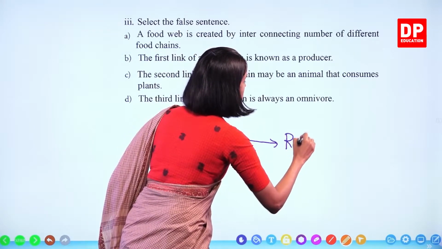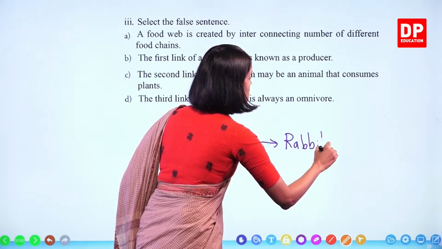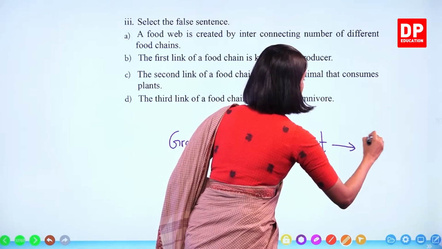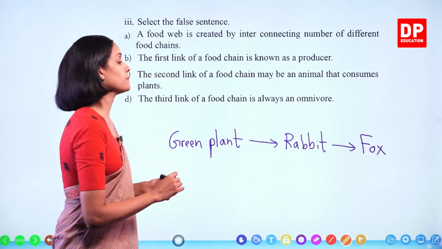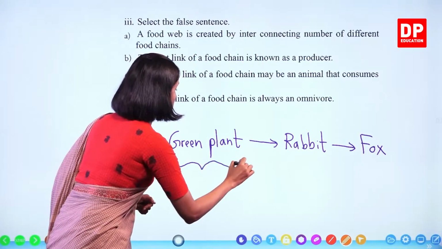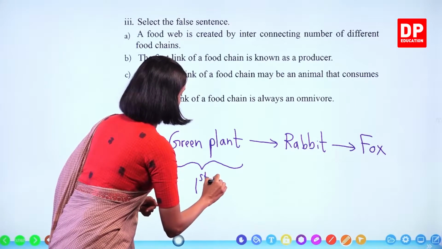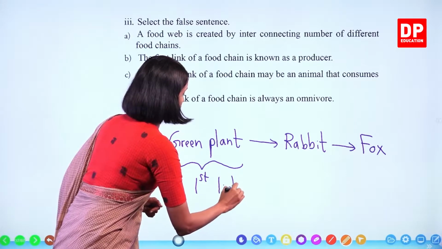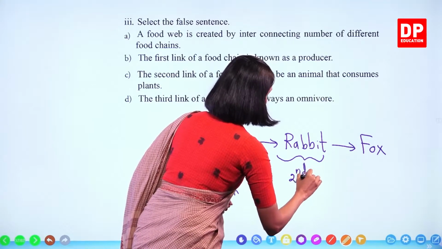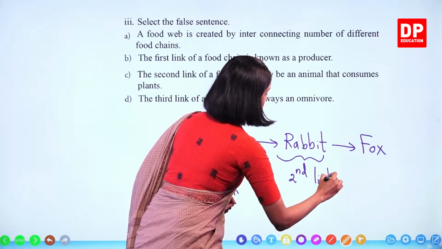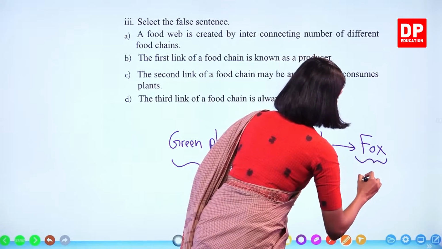Rabbit, fox. Okay? So this is the first link. This is the second link. And the third link.